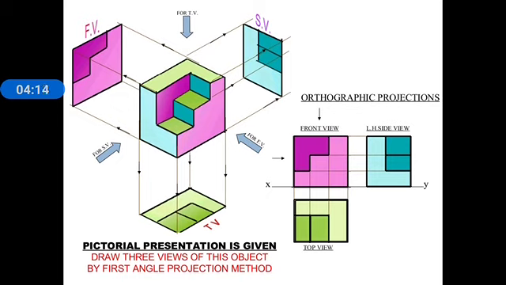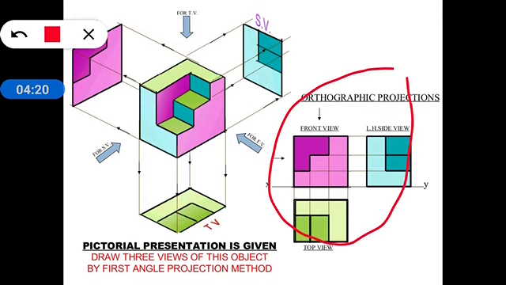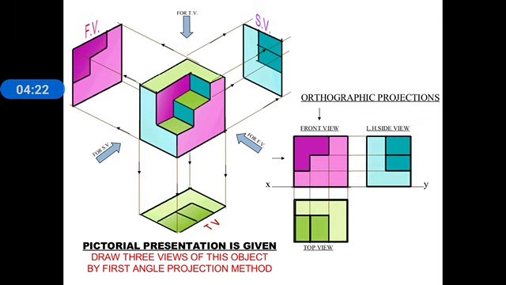This is another example of an object, and this is the orthographic projection of that object. If we see the object from the top side, the stairs look like this.